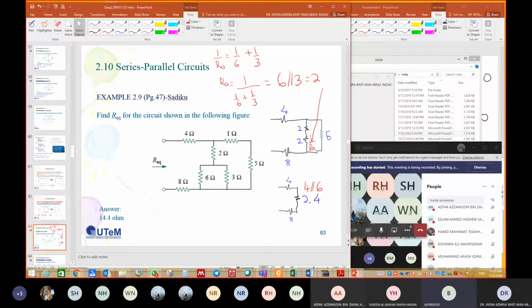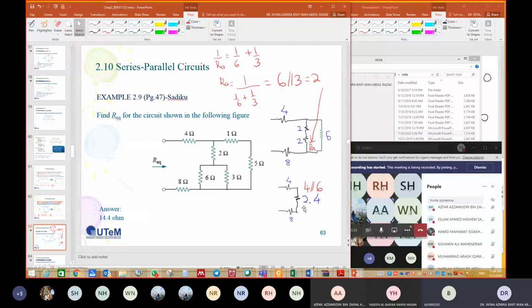Did you get 4 parallel with 6 is equal to 2.4? Get the answer or not? Yeah, it's 2.4. Okay.